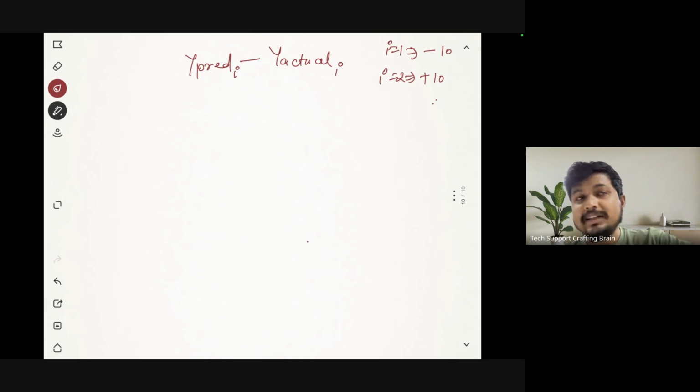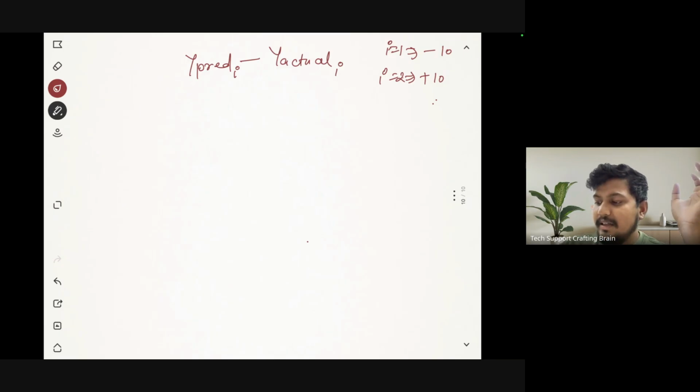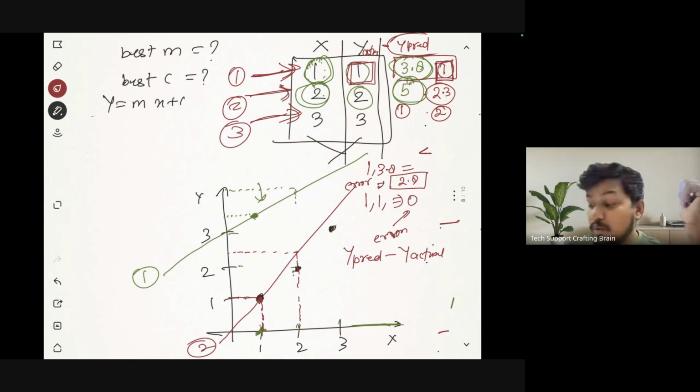So if we have 1,000 data points, we get 1,000 errors. And here, how many data points do we have? First data point, second data point, third. So 3 errors we are going to get.